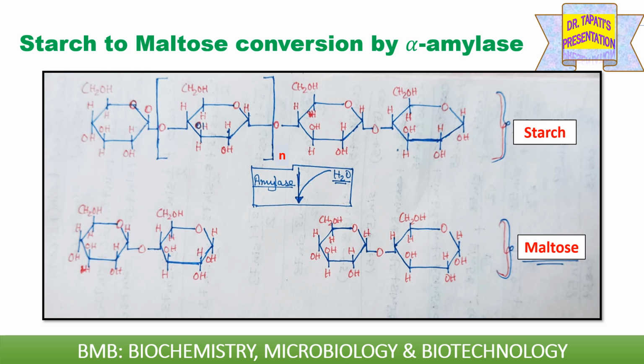Therefore, we have to take starch solution and add alpha-amylase to it, and after a few minutes of incubation at the optimum pH and optimum temperature of the enzyme, we have to measure the maltose content in the reaction mixture, and then we will calculate the unit of alpha-amylase by measuring the micromole conversion of maltose per ml per minute.